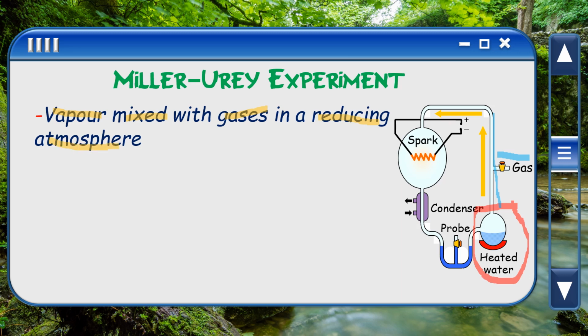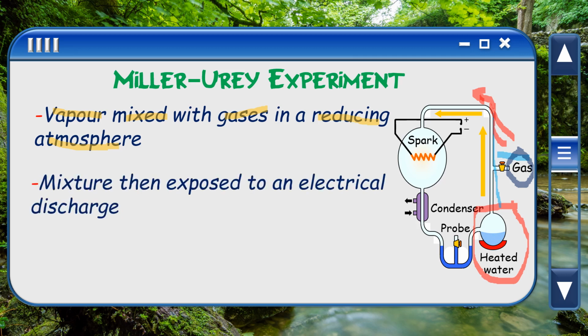That means that the gas which they added to the vapor did not have any life-supporting gas in it. So the vapor came from down and it got mixed with the gas which did not have oxygen.